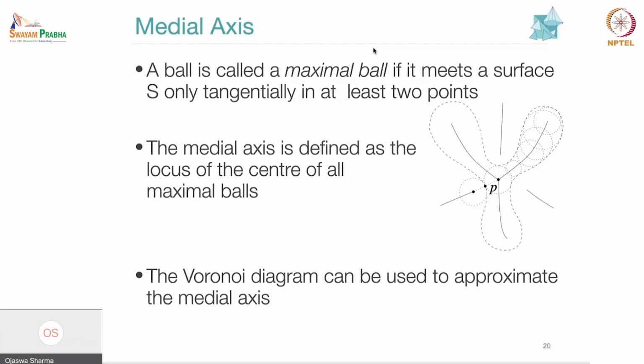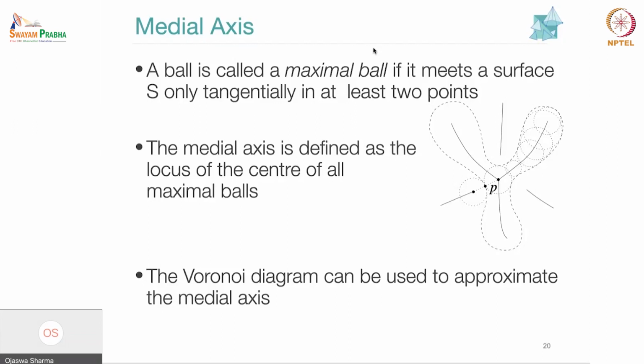So let's say we have this shape here on the right, and I can define disks inside this shape. If I expand a disk to the extent that it touches 2 or more points on the boundary of the shape, that disk or ball is known as a maximal ball.